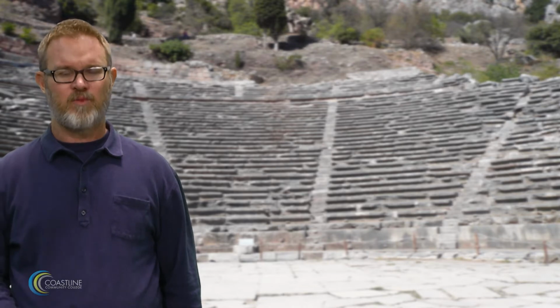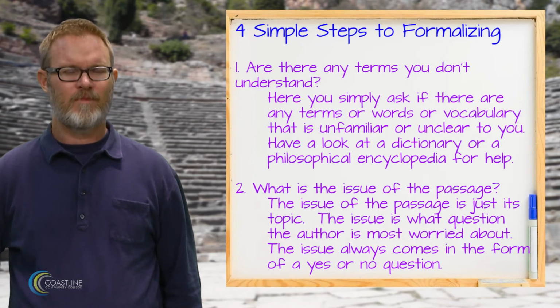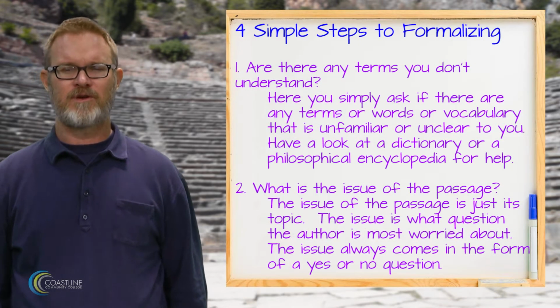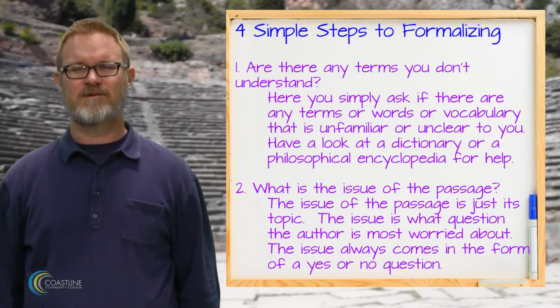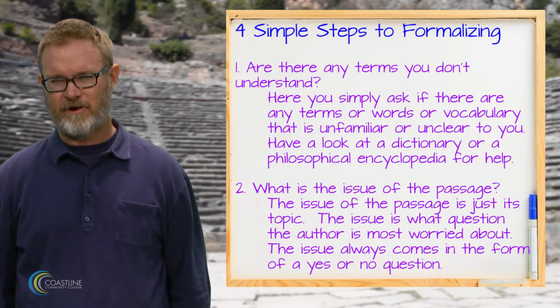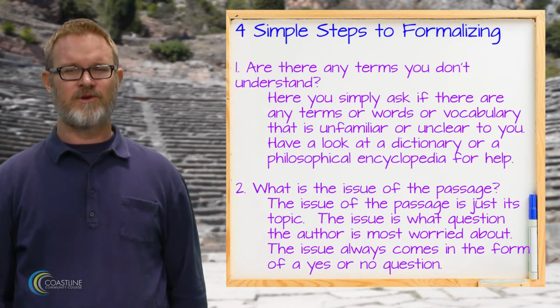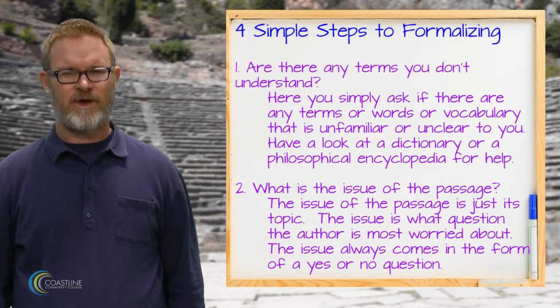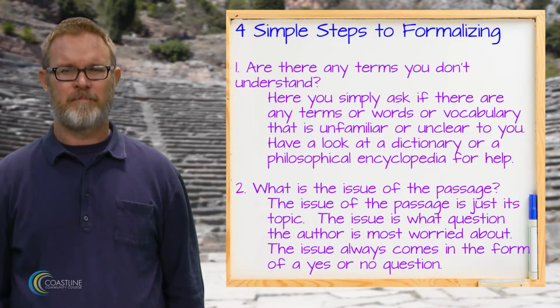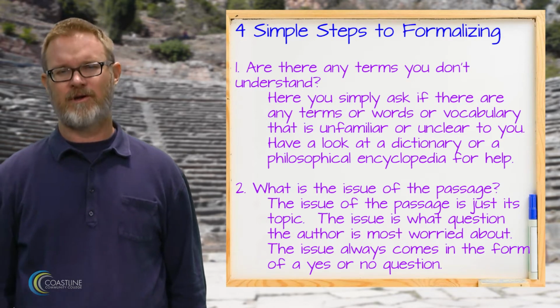In step one, the first thing you'll do is ask, in the series of steps, questions about the argument. The first question: is there any terminology, any vocabulary terms at all that are unclear to you?